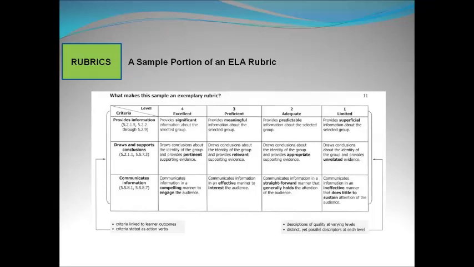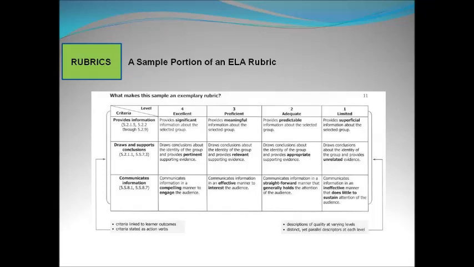And then your descriptors too, right? The levels of achievement, you can see that they make sense. That superficial is different than predictable, is different than meaningful, is different than significant. Each one of these levels across in the criteria, you're able to identify the specific difference between a limited and an adequate and a meaningful.